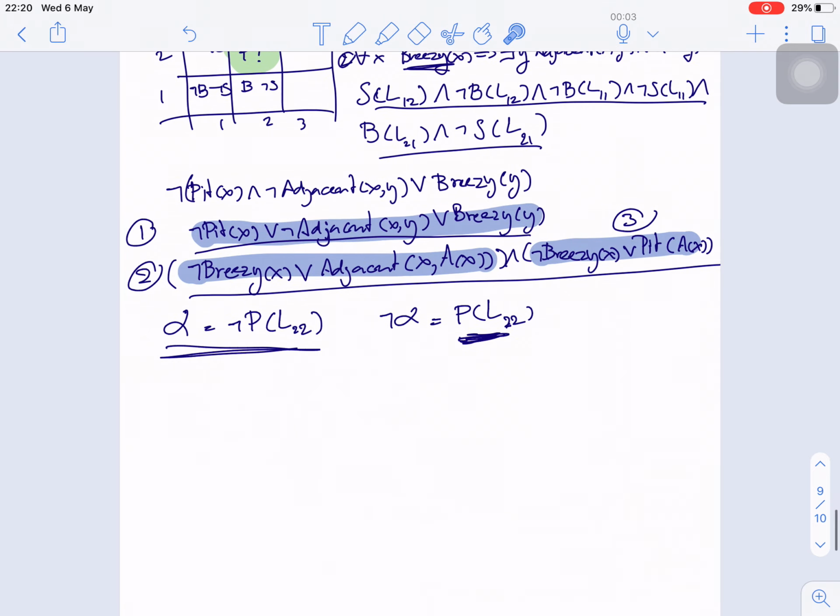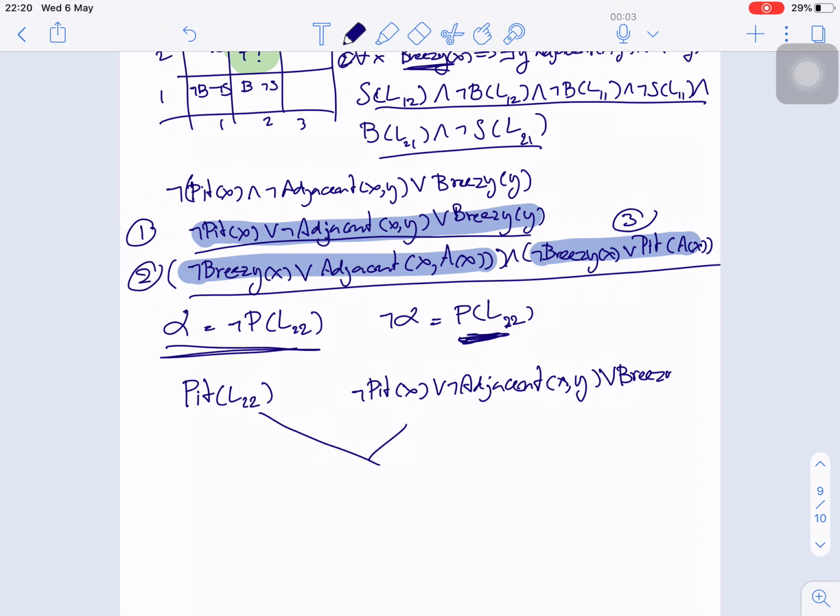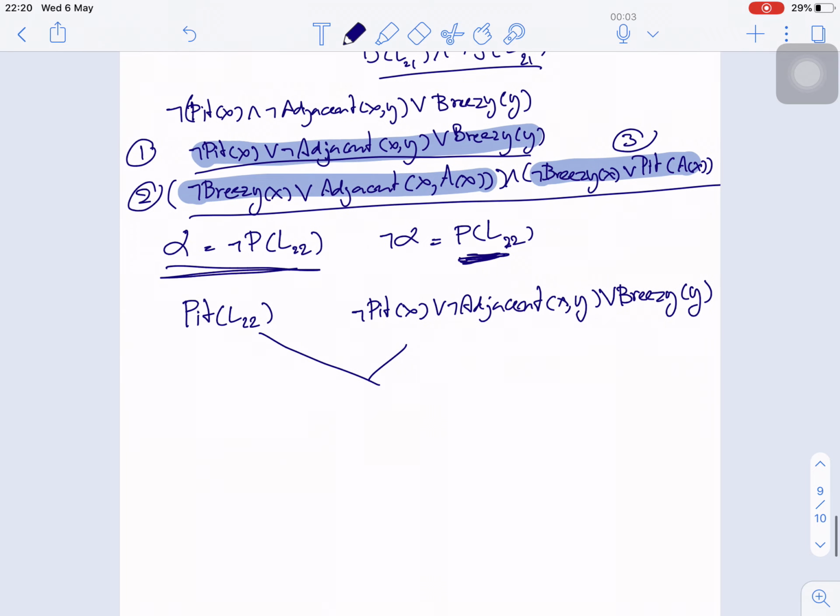Okay, so you have pit at location 2 2, and you have not pit x or not adjacent x y or breezy y. And then you can see that we have pit and we have not pit, but on the right side is an x.